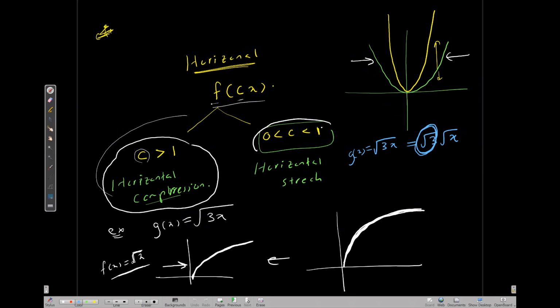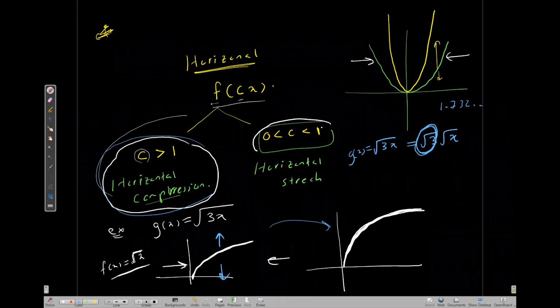Root 3 is 1.732 something, so it's greater than 1, so it's a vertical stretch. So you get this guy right here. That's why I told you a vertical stretch is a horizontal compression, and a vertical compression is a horizontal stretch. So any question you can address using either vertical or horizontal.